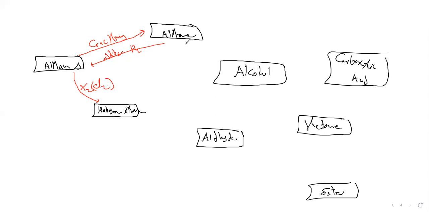And in case of alkene to halogen alkane, by addition of X2 or HX, like Cl2 or HCl.